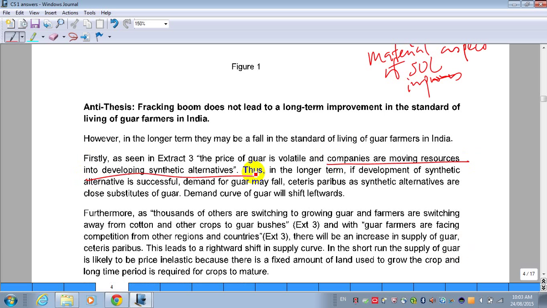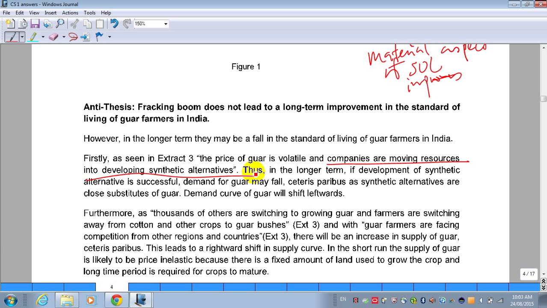Boys and girls, you're right. Many of you did talk about this point, but what I would have required was that you use some kind of demand and supply analysis. Okay, so this one is from the market's point of view. For this case, it is also not wrong if you want to talk about each individual guar farmer, and therefore you use the MR and AR framework.